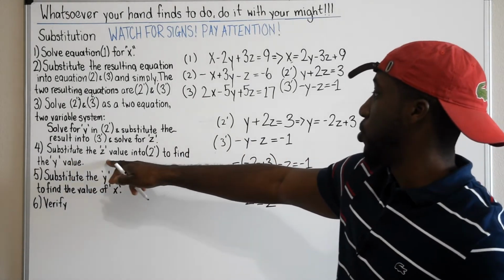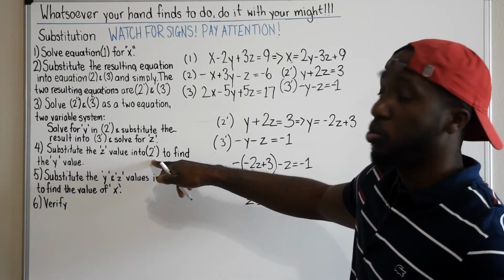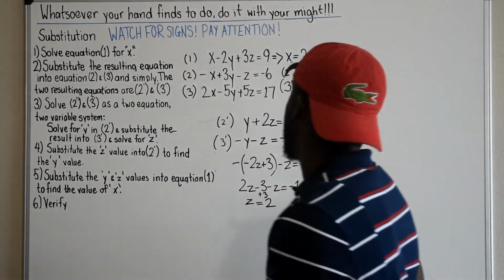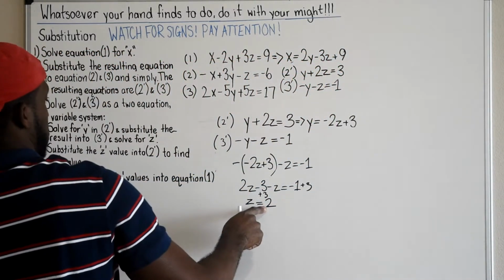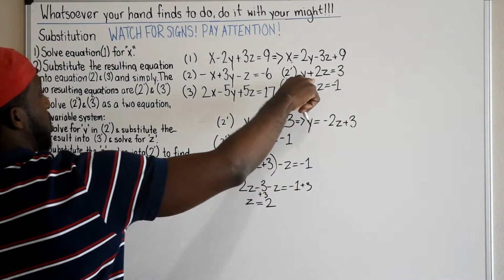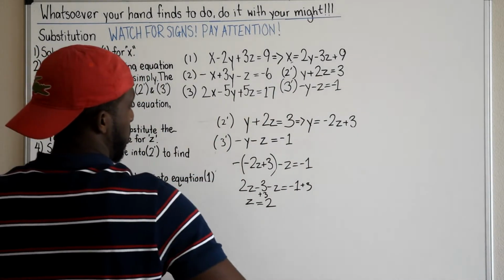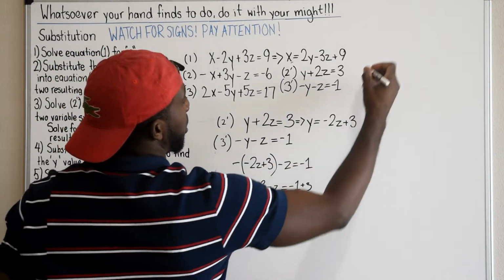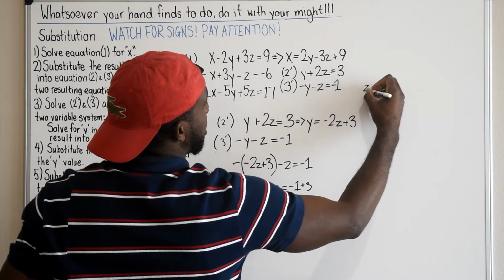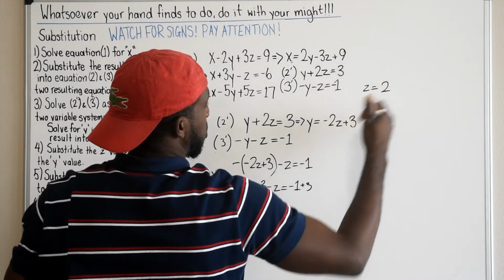Now we're gonna substitute the value of z into equation 2' to find the y value. Okay? So z is 2, and we're gonna substitute it into 2'. So let me write this. You say z equals 2.